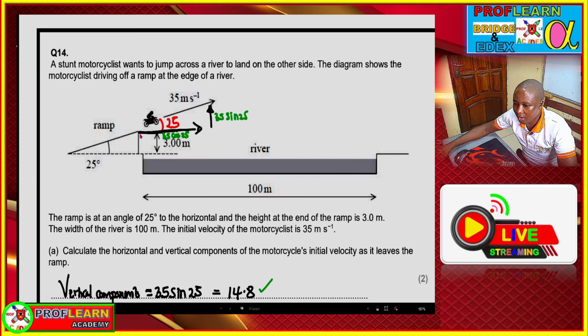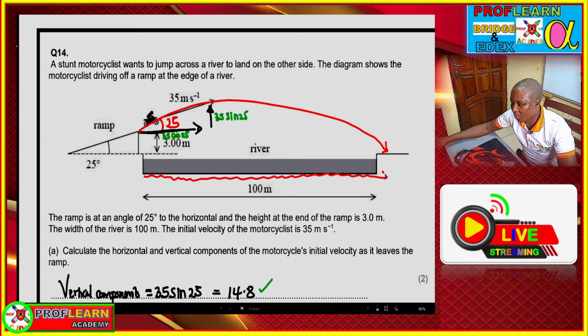The time taken for this rider to jump from the ramp all the way to the end is the same time taken to move along that particular distance of 100 meters, and this is usually called the range.